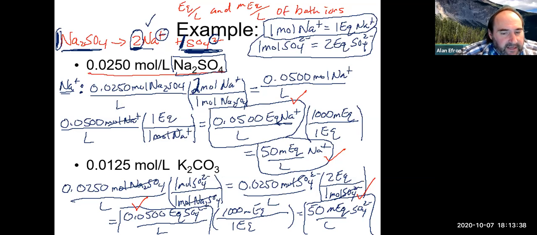By canceling out that charge to 0, what we're essentially doing is making equal charges of both the positive ion and negative ion in terms of concentration. So whenever you do the equivalents per liter or milliequivalents per liter for two ions in the same solution, they should end up with the same concentration. The positive guy and the negative guy should always end up as the same number.